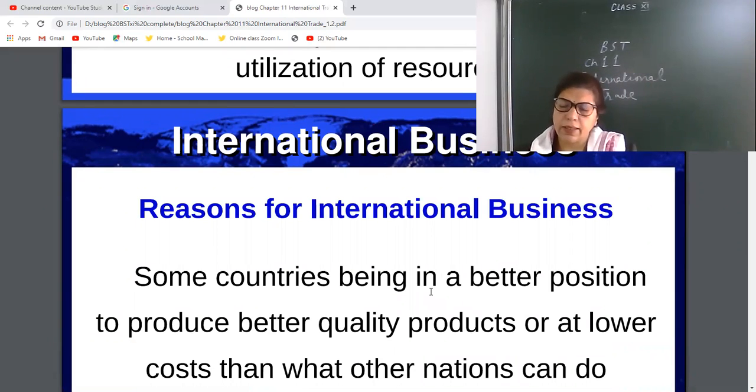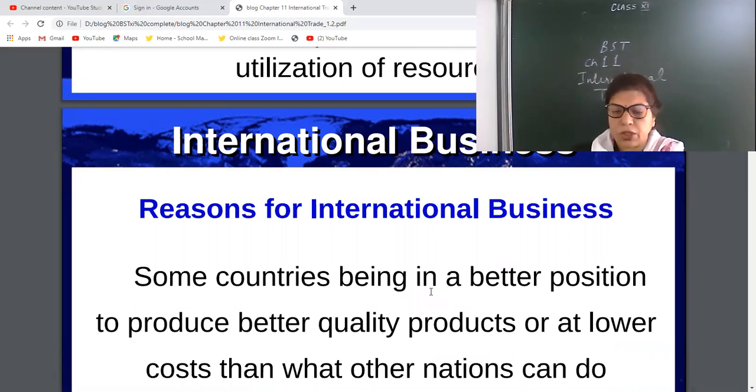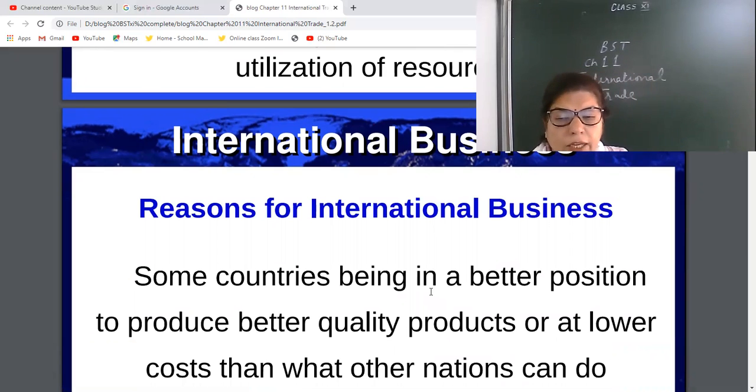Now, reasons for international business. What are the reasons behind international business? Why does a country want to do international business? Some countries are in a better position to produce better quality products or at lower cost than what other nations can do.